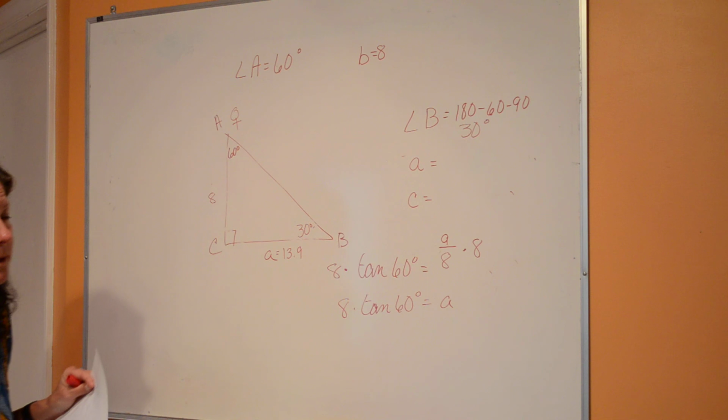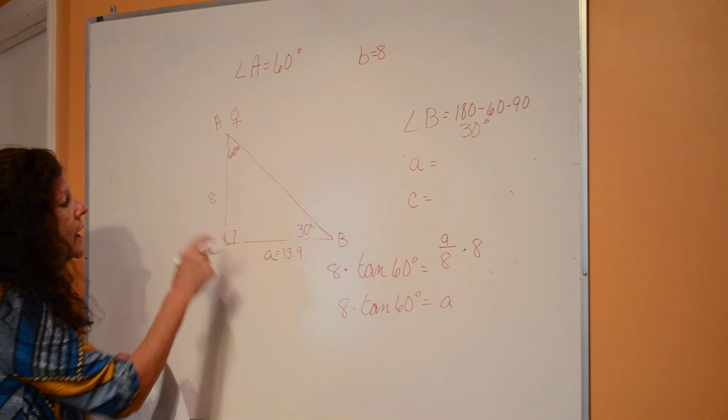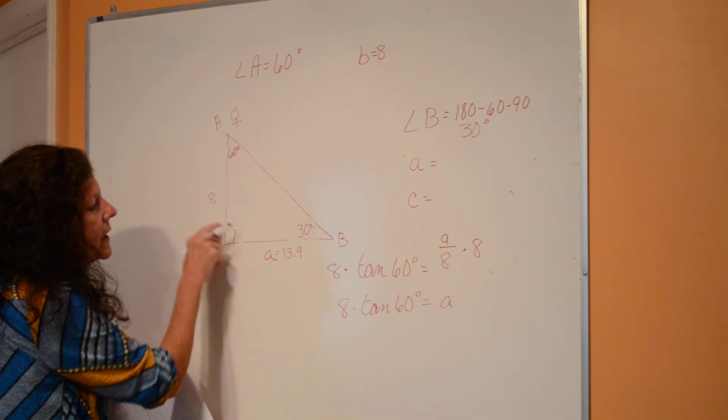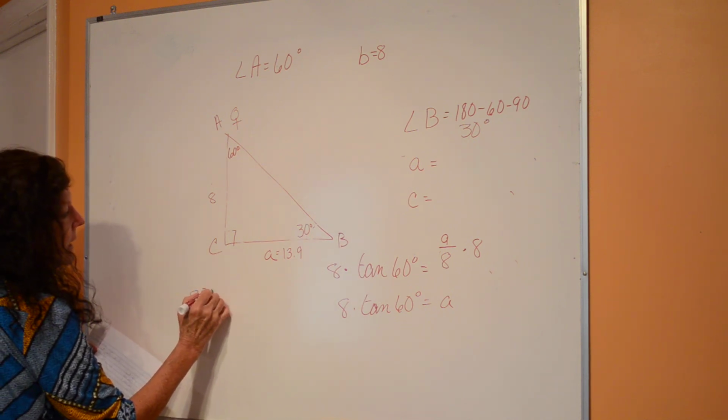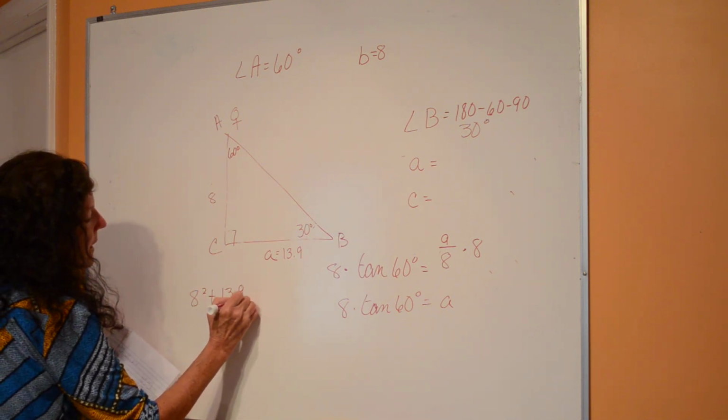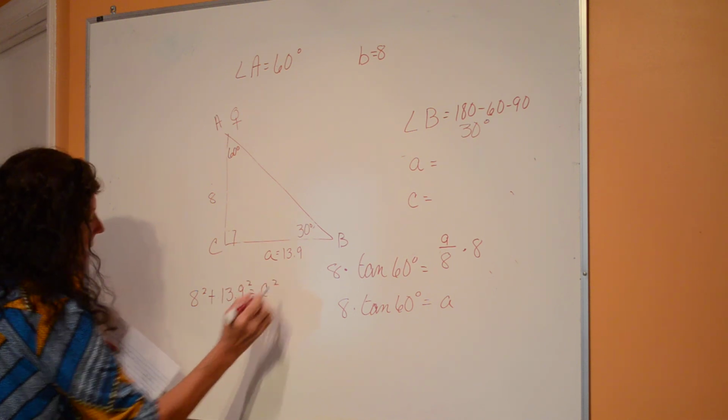Now I have a choice. I can continue to use trig, or I can use Pythagorean theorem because I already have two sides of the right triangle. So I have 8 squared plus 13.9 squared is going to give me c squared.